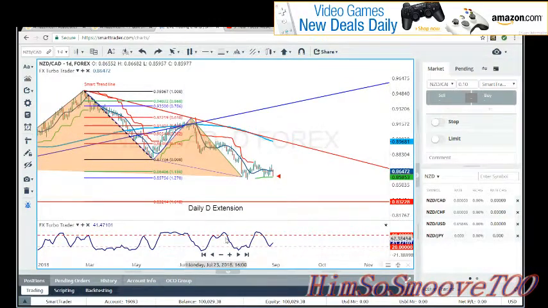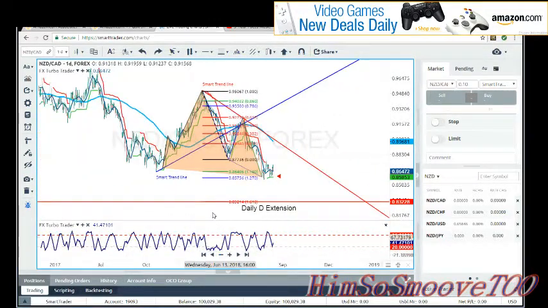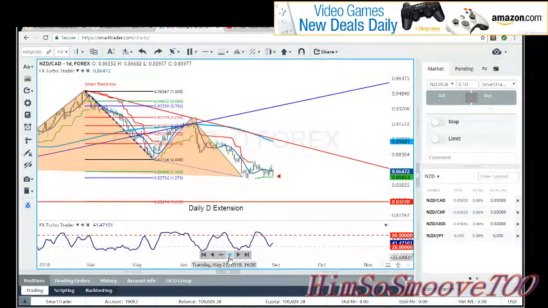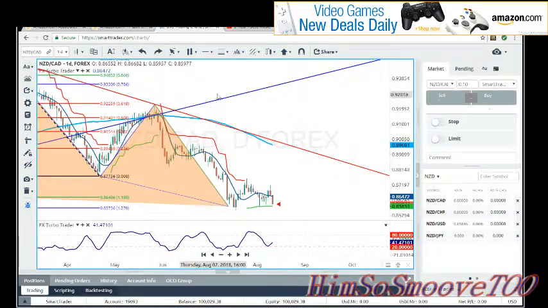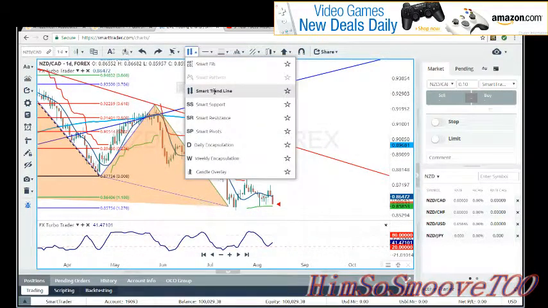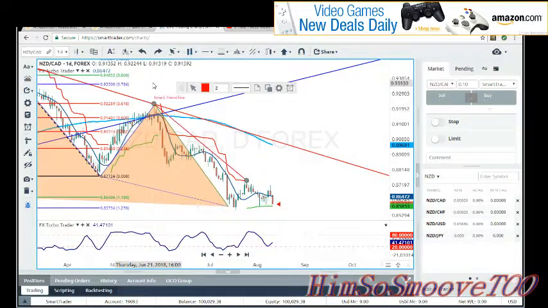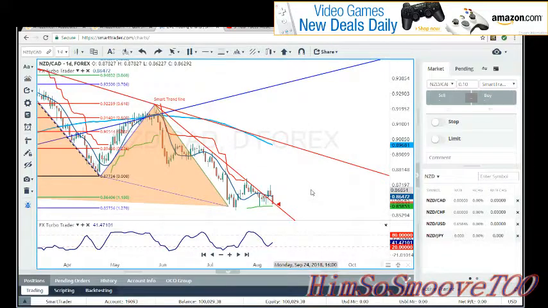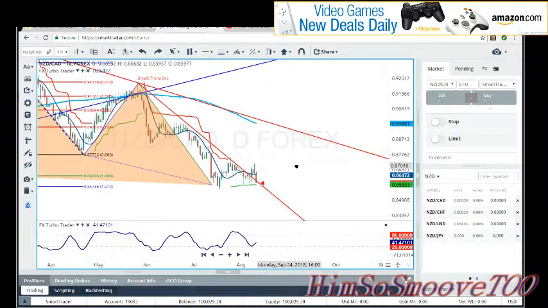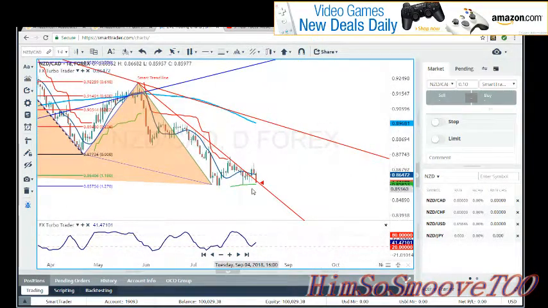So now what we're going to do here is, wow, looks like we have another trend line. Yes, we do. And right now, this downtrend line is being broken. We want to wait for the market to open to see whether it wants to come back up.